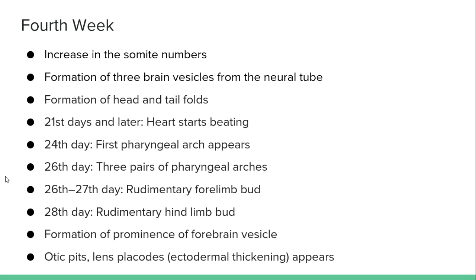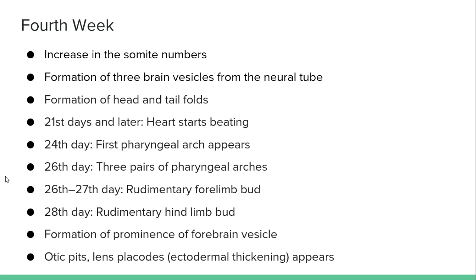On the 21st day and later, the heart starts beating, and then on the 24th day, the first pharyngeal arch appears, and then on the 26th day, 3 pairs of pharyngeal arches, and then on the 26th to 27th day, we have the rudimentary forelimb bud. Looking at the 28th day, we have the rudimentary hind limb bud formation.